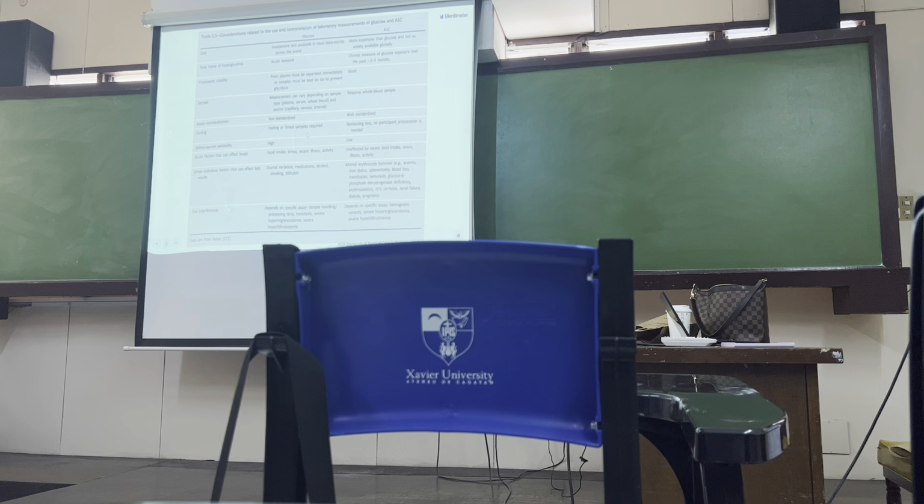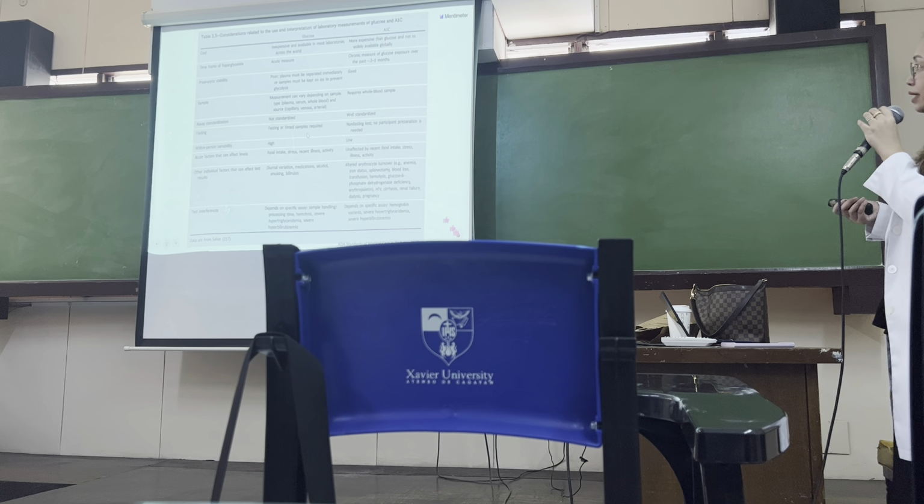And then, of course, pre-analytic stability, good for A1C. For FBS, if you're using serum or plasma, it should be separated immediately. No, this is for the red text. And then, FBS is mostly on serum, plasma. This one is EDTA or whole blood.